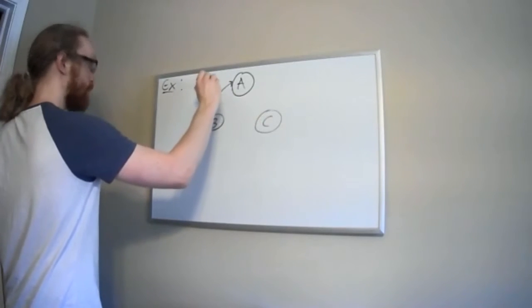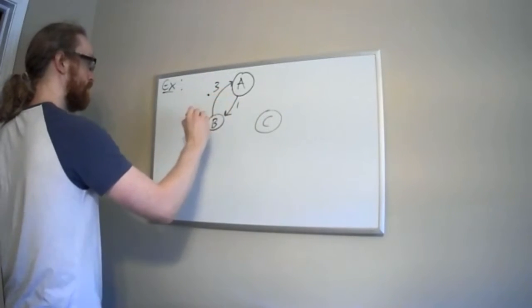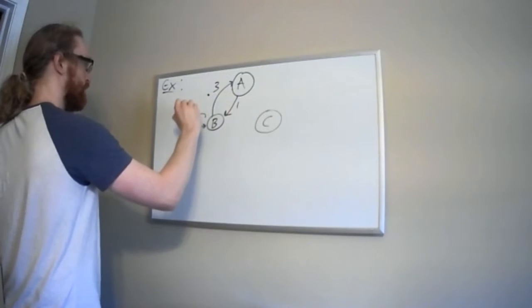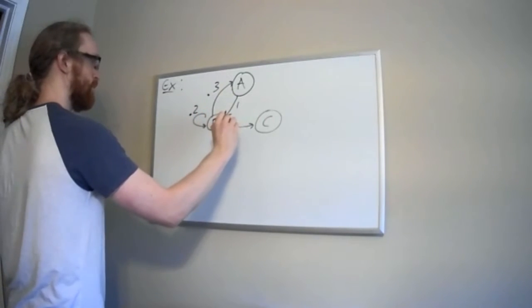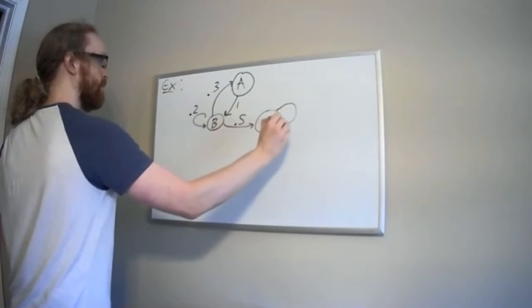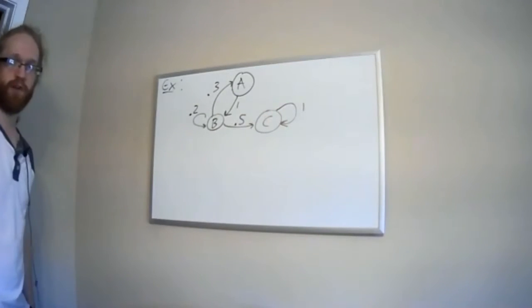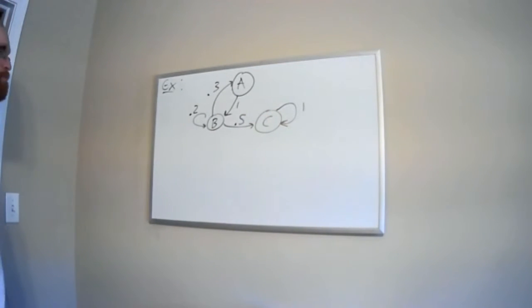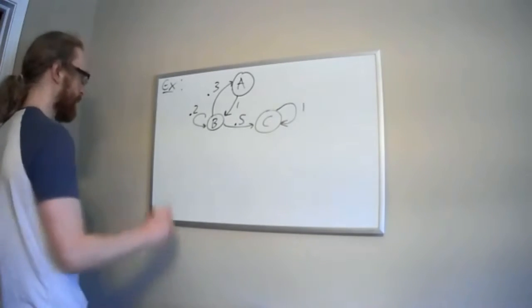So this is 0.3, 1, 0.2, 0.5, 1. So here's our transition diagram for this situation. And here's the question.